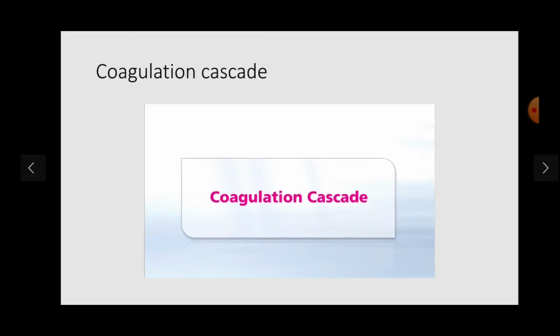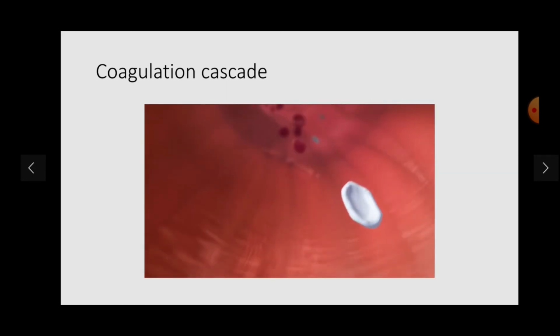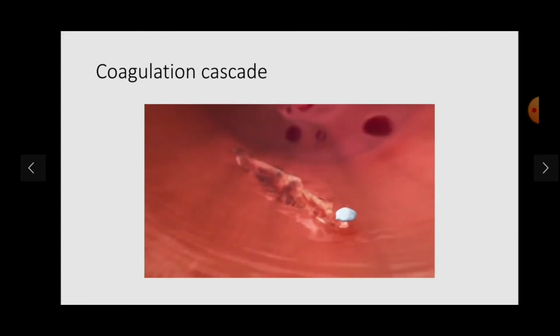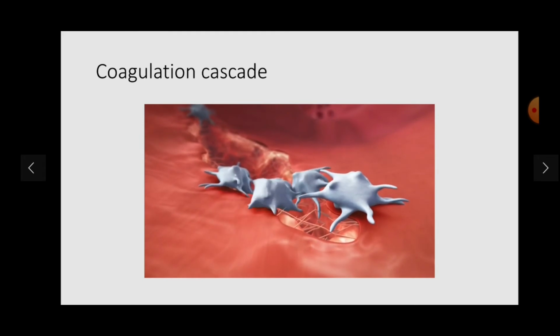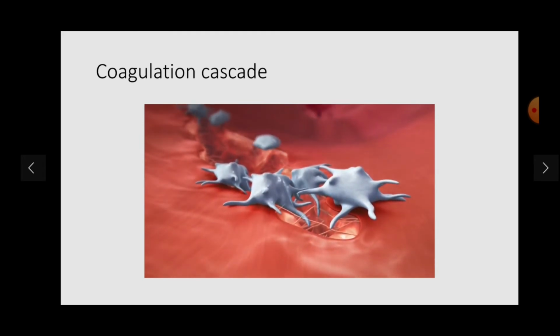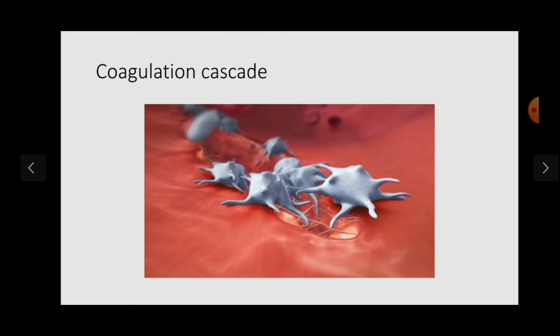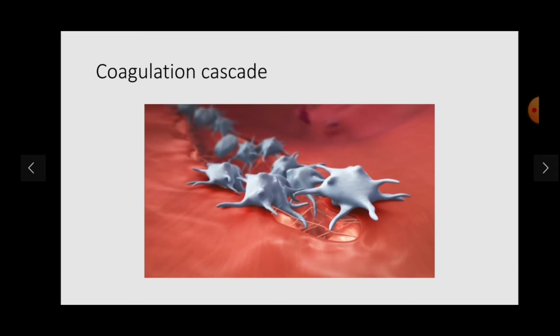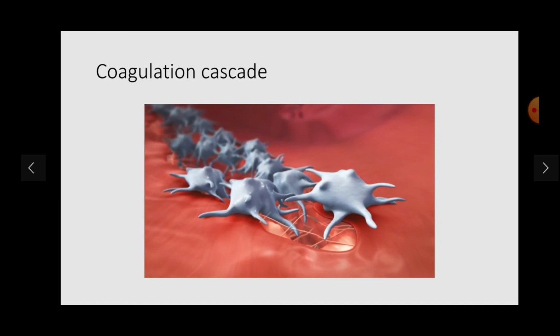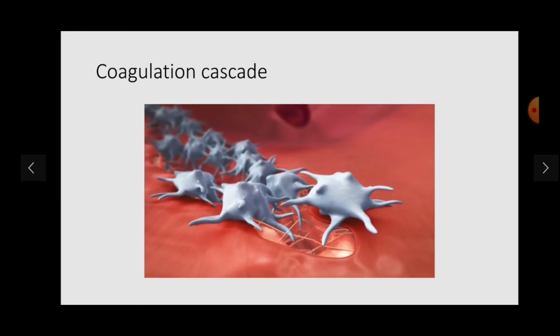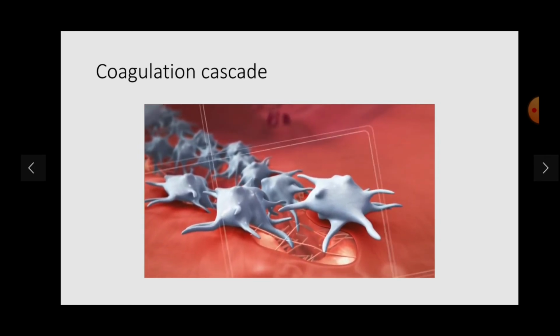Now let us summarize the coagulation cascade. Coagulation occurs by the formation of the prothrombin activator complex, formation of thrombin, and formation of fibrin. Formation of thrombin takes place by the prothrombin activator complex, and the prothrombin activator complex is formed by the extrinsic pathway and the intrinsic pathway.